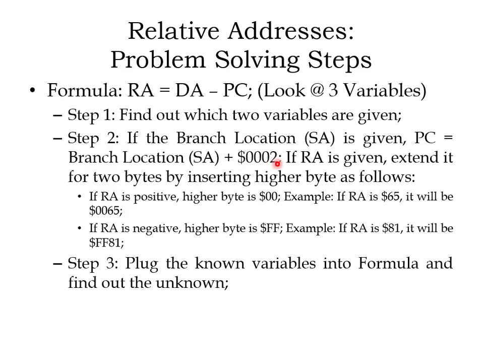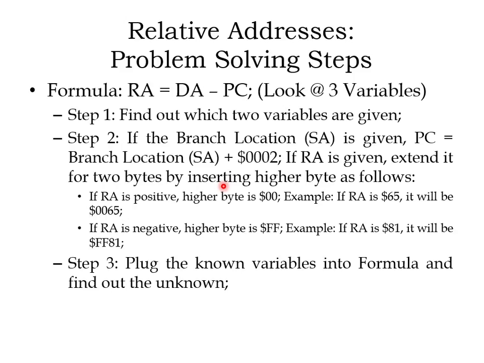If the relative address is given in the question, remember the relative address will always be given as 1 byte. But when you plug it into the formula, you will always be plugging it in as 2 bytes. How do I make 1 byte into 2 bytes?